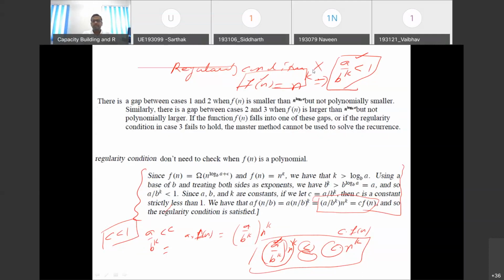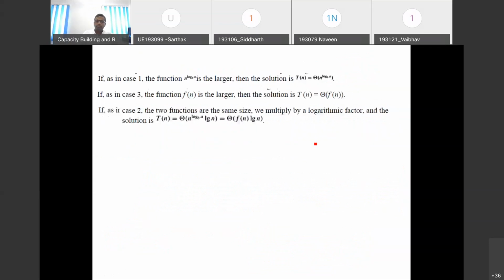We just need to observe the nature of f of n, and if the value of a upon b raised to the power k is less than 1, then also we can say that regularity condition holds.